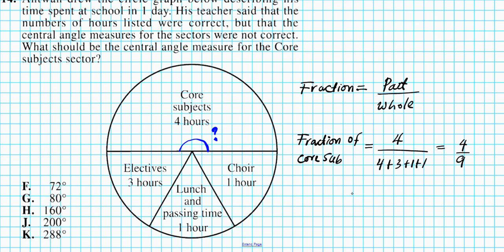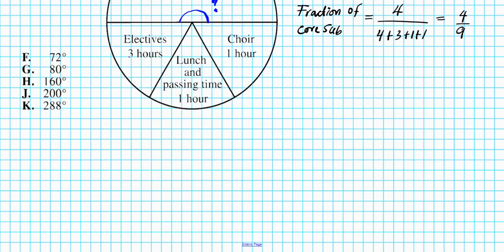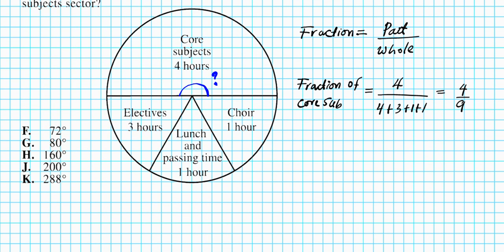Now, what fraction of a full circle is 4/9? Well, we need to know what a full circle is first, and then we'll take 4/9 of a full circle. Okay? Angular measure is what we're focusing on here. So let's write down a real quick remark.